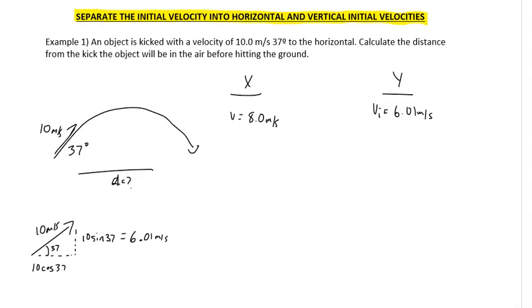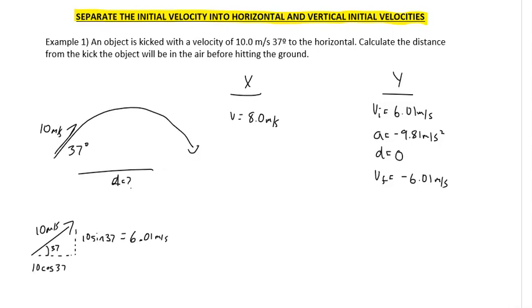But we want to find out the distance here. We know that the acceleration is equal to negative 9.81 meters per second squared. We know that the overall displacement is 0. And so what that means here is, because the acceleration is constant, we can also make the assumption that that final velocity is negative 6.01 meters per second.